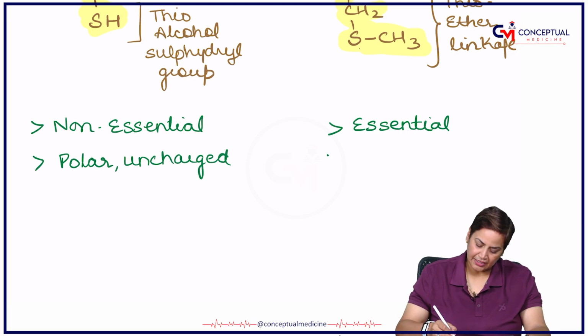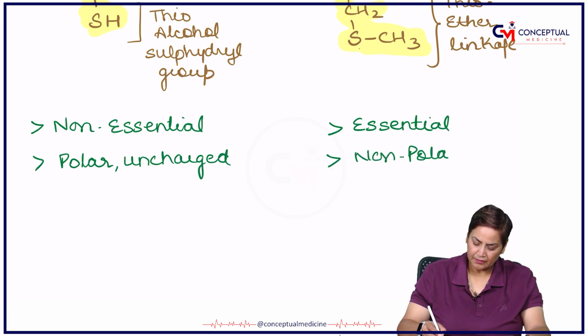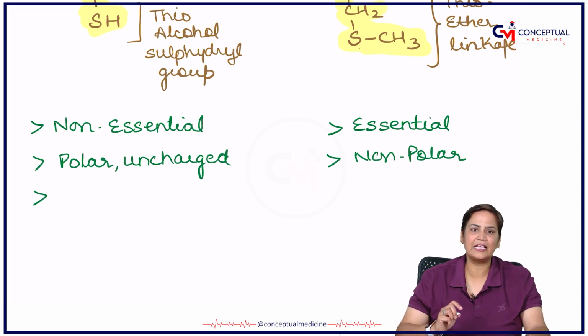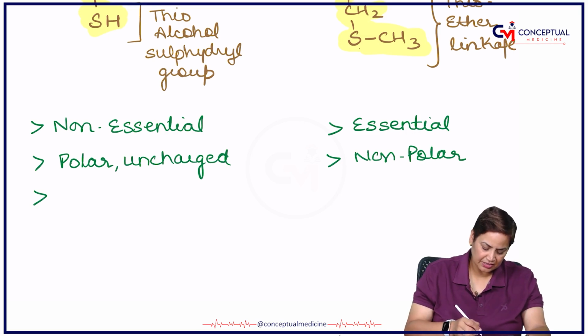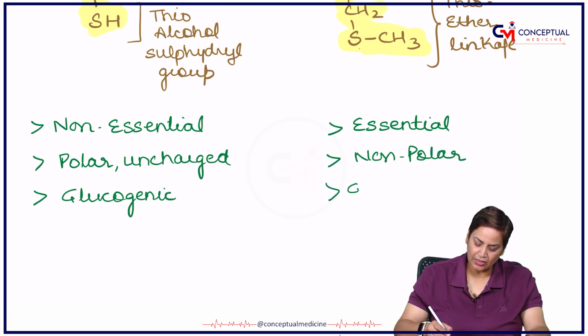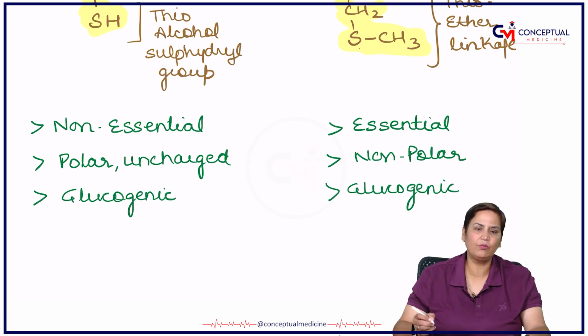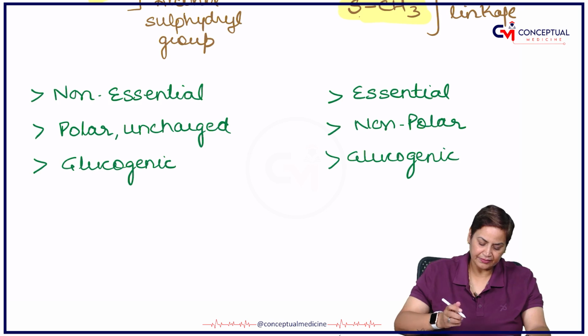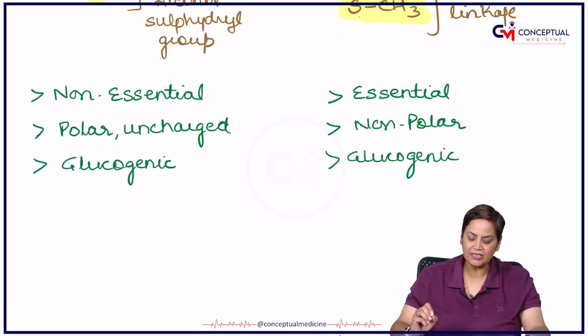And this comes under non-polar. Then if we talk about the metabolism as per carbon skeleton, cysteine is glucogenic and methionine is also a glucogenic amino acid. So I would say both come under the category of glucogenic amino acids, right? So these are the three main important features.